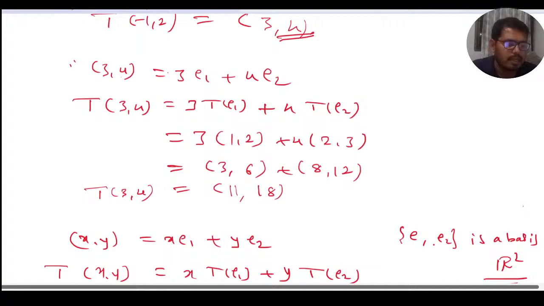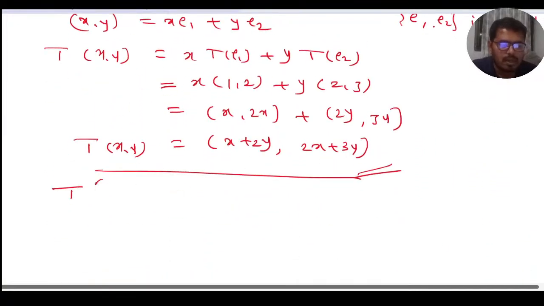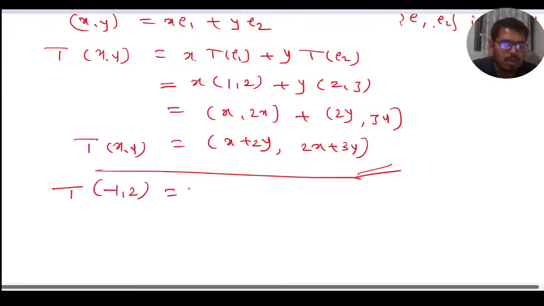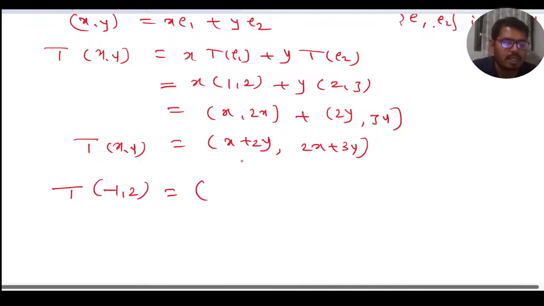Take (-1, 2), T of (-1, 2). That is, x equal to -1, y equal to 2. The first component is -1 plus 2 times 2.